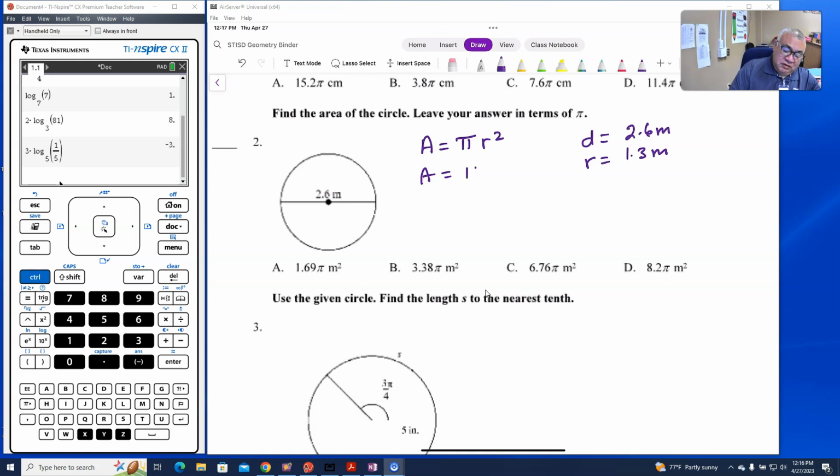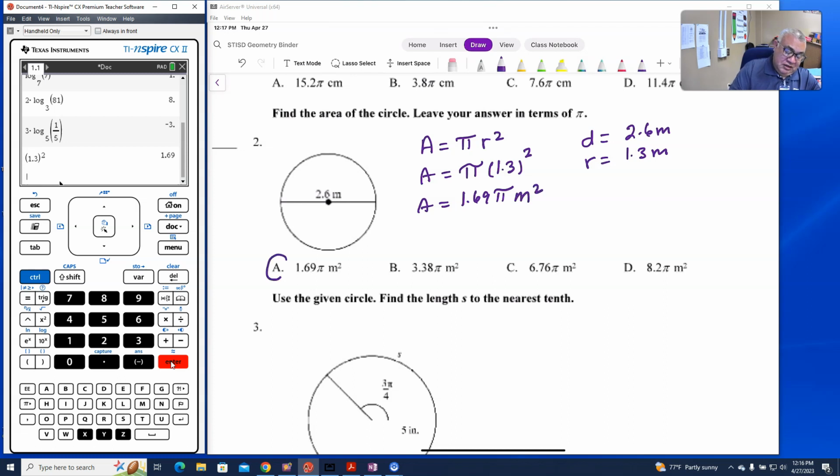So area is equal to pi times the radius, in this case 1.3, and you're going to have to square it. 1.3 squared is 1.69, so the area is going to be 1.69 pi, and it's going to be meters squared, so your answer is A.